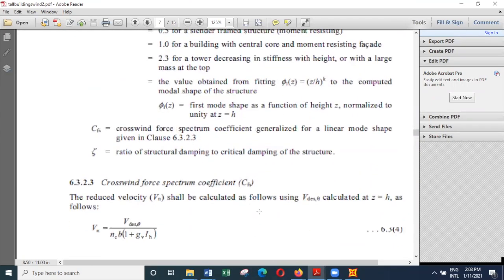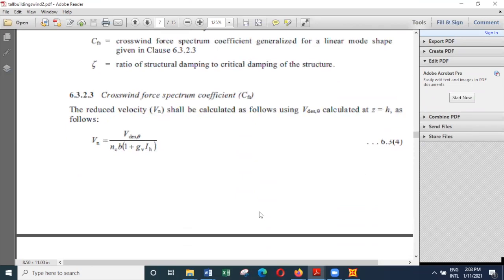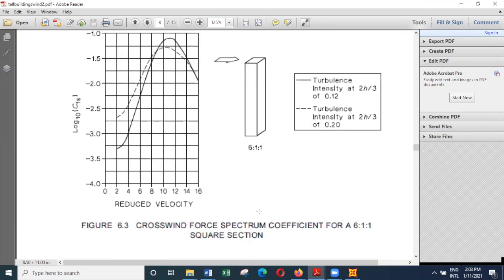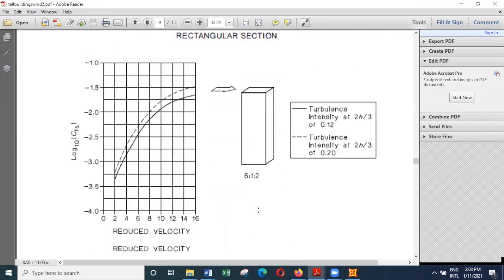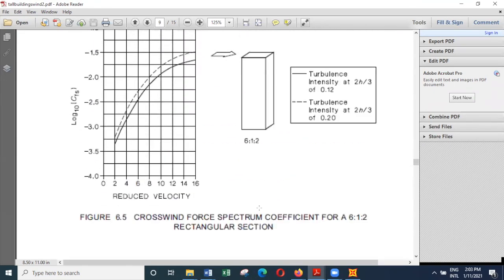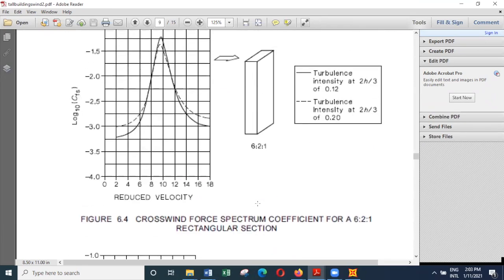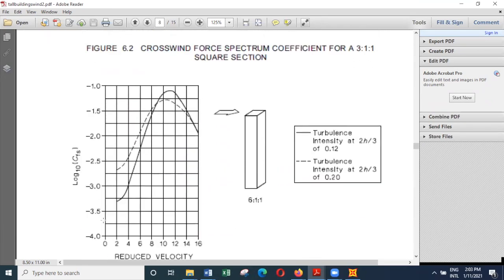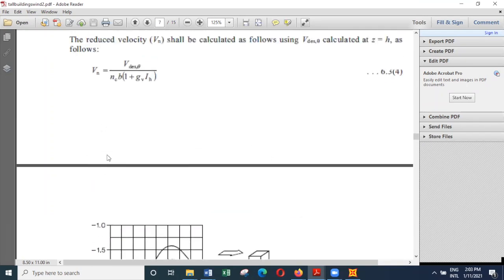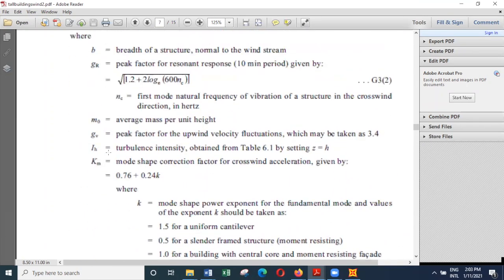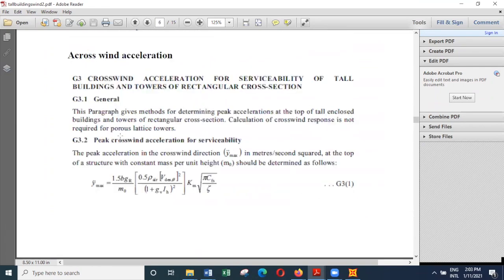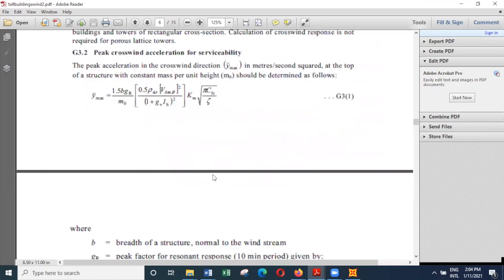You'll also get charts to determine what we call CFS, and CFS appears in this particular equation.